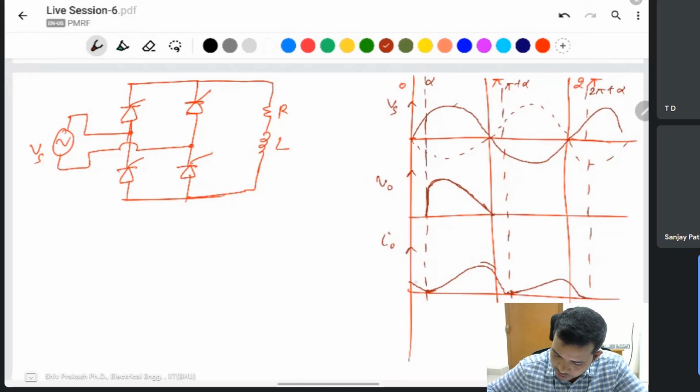In that condition the current will be discontinuous, and the output is also discontinuous. When the current passes the angle pi, the voltage also comes into the output and follows the current. When the current is 0, at that time the voltage is also 0. This is a discontinuous condition.